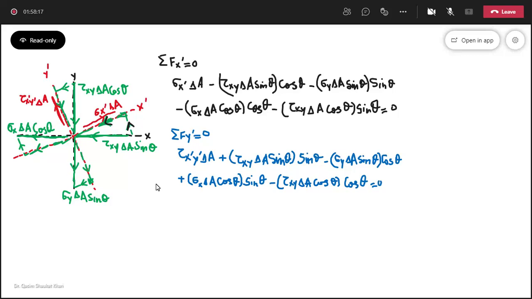So tomorrow we will continue from here. I will download these figures. Tomorrow we will simplify these two equations and get our final equation for the calculation of the transformed normal stress sigma x and transformed shear stress tau xy.